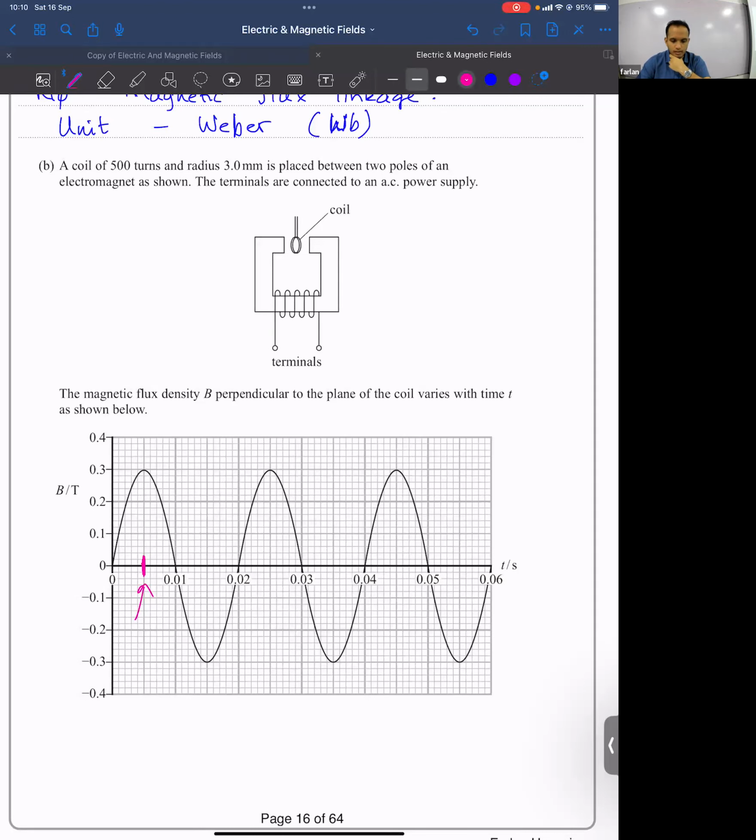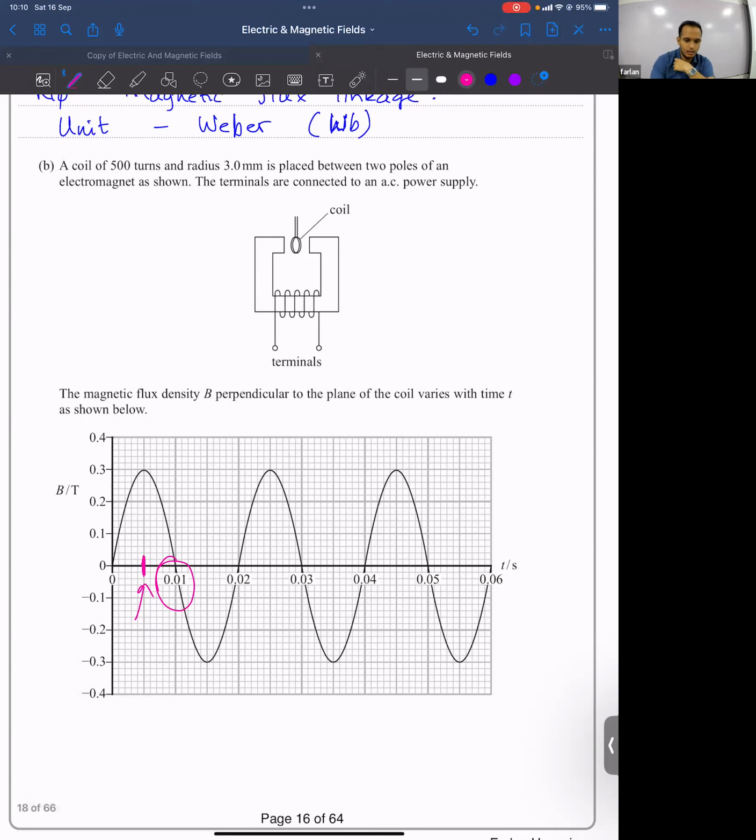So how many of you think the maximum EMF induced is at 0.005 seconds? Anyone who thinks the maximum EMF induced is at 0.01 seconds? No. Then tell me, what is the EMF induced when the time is 0.01 seconds? 0. Okay.